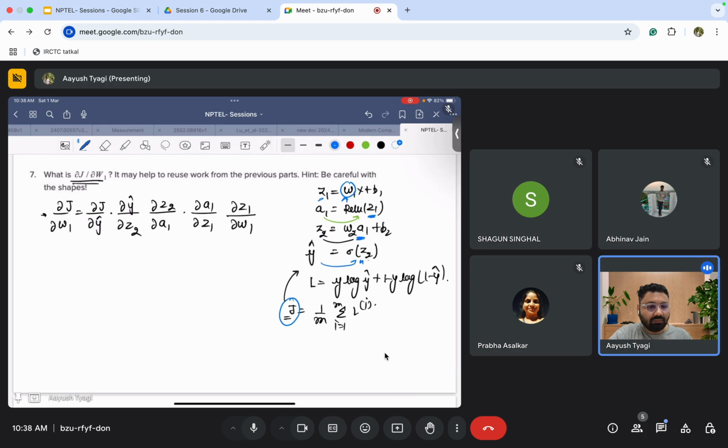So that's how you backpropagate. So you have computed the gradients of J with respect to W1. Now we'll simply substitute all the values here. So you have delta 1, delta 2, delta 3, delta 4 and delta 5.